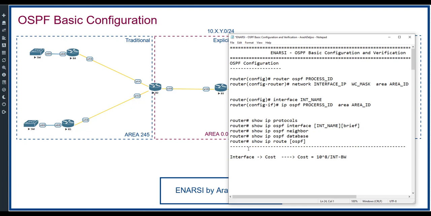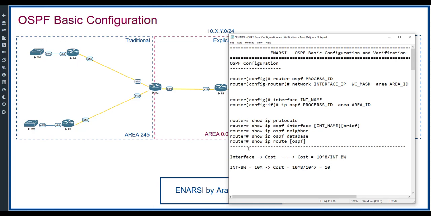For example, if the interface bandwidth is 10 megabit per second, 10 megabit per second means Ethernet. Here the cost of the interface is equal to 10 to the power of 8 divided by 10 to the power of 7, because 10 megabit means 10 multiplied by 10 to the power of 6, or 10 million. Here we have the cost of 10.